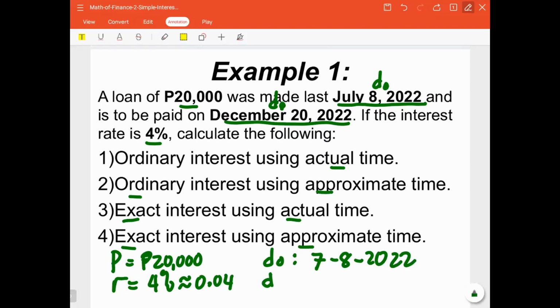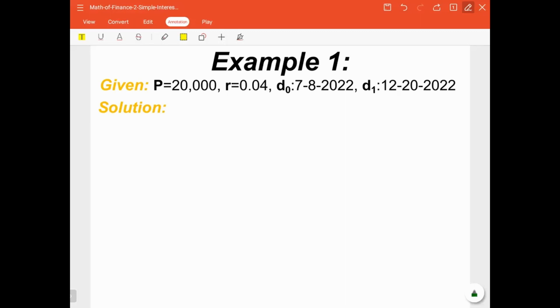And our maturity date, of course, is December, that's 12/20/2022, right? It's crucial, guys, that we must be able to get the correct approximate time and the correct actual time.